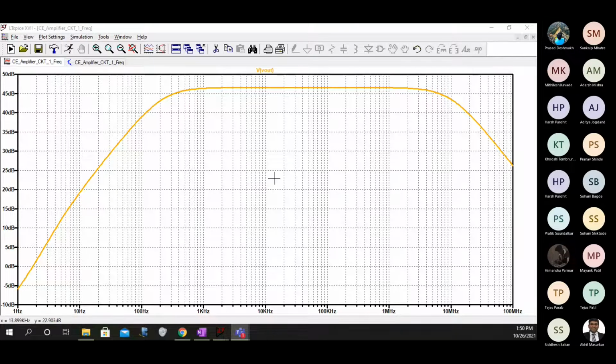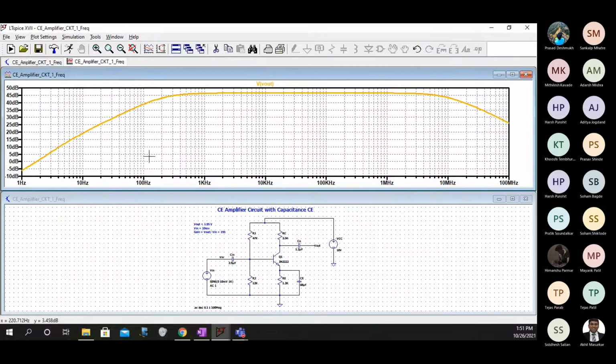I can see many are plotting this, but I want to see somewhat like this, the circuit and the graph.